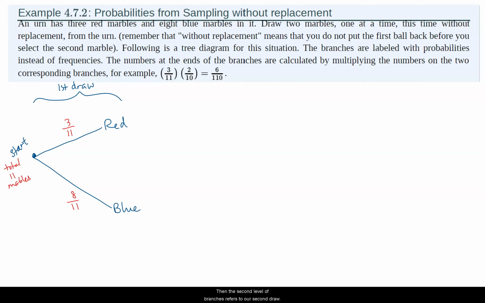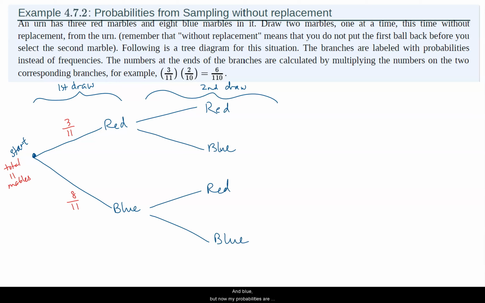Then the second level of branches refers to our second draw. We still are able to get red and blue, but now my probabilities are going to change. Since my first draw was red, I no longer have 3 reds in my urn. I only have 2 reds. And tracking the marbles, I took 1 out in the first branch, so I only have 10 left.